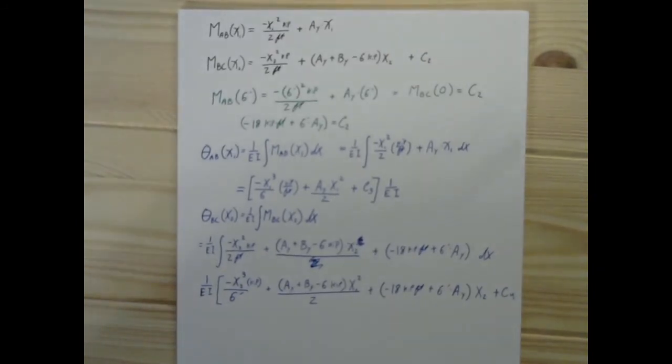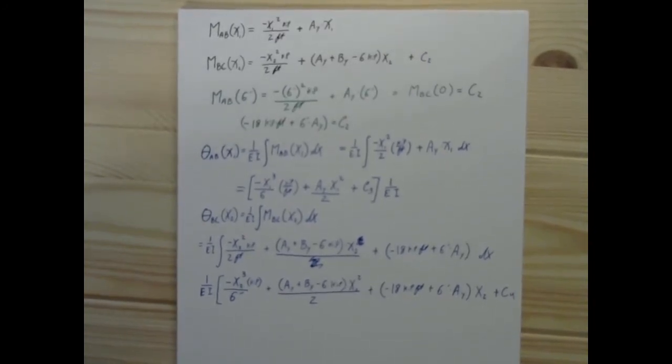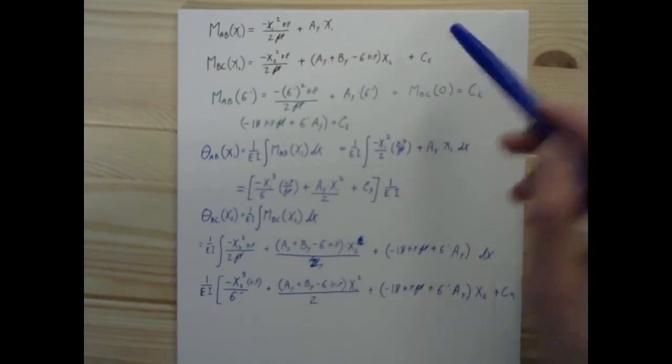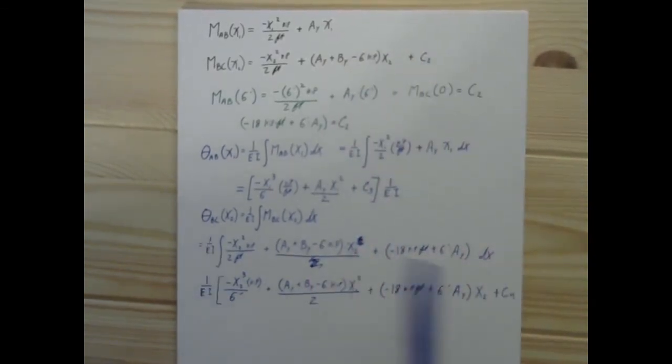Now again, we don't know what the rotation is at point C, at the end of this. But we do know what the rotation is at point B, which is to say that the rotation at point B is equal to the rotation at point B. So we can do the same thing we did up here to determine our constant of integration C2, down here to determine our constant of integration C4.